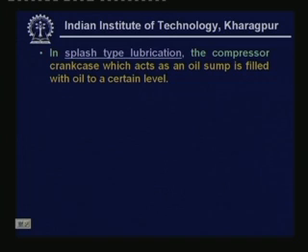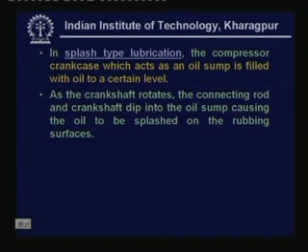And in splash type of lubrication, the compressor crankcase, which acts as an oil sump, is filled with oil to a certain level. As the crankshaft rotates, the connecting rod and crankshaft dip into the oil sump, causing the oil to be splashed on the rubbing surfaces. As the name implies, every time the crankshaft and connecting rod rotate, they get dipped into the oil sump, pick up some oil and splash it onto the rubbing components, okay.